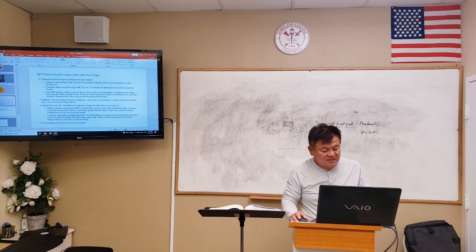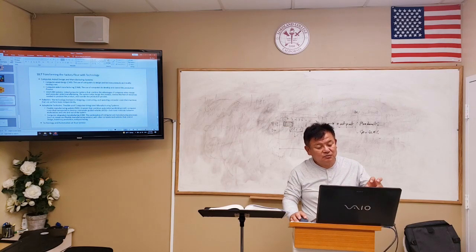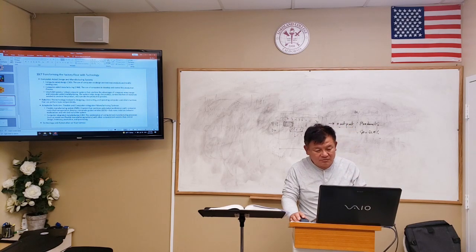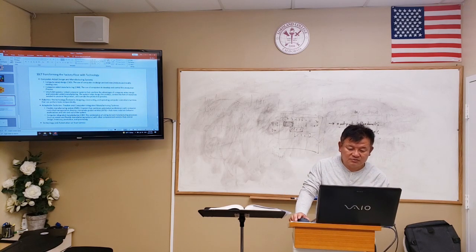CAD and CAM are two systems linked together by the computer system, combining the advantages of computer-aided design and computer-aided manufacturing. The system helps design the products, control the flow of resources needed to produce them, and operate the production process.